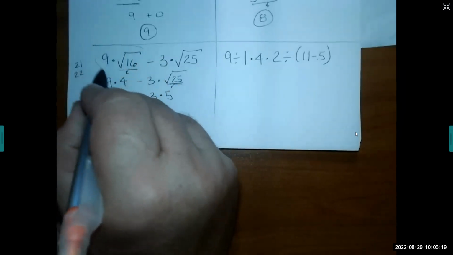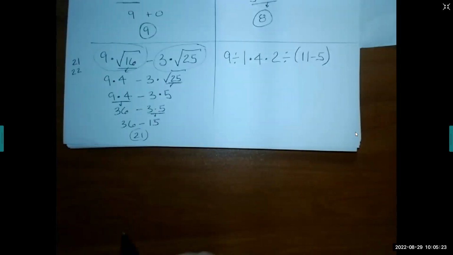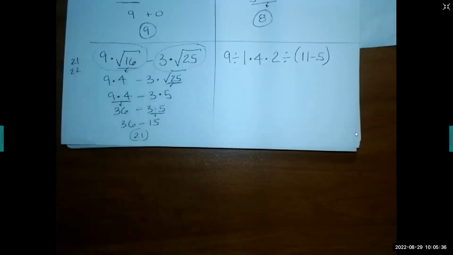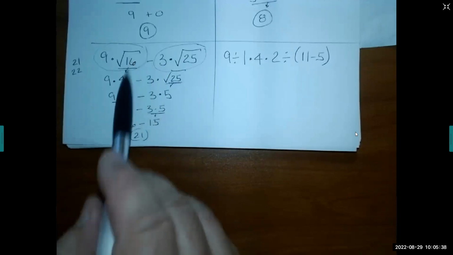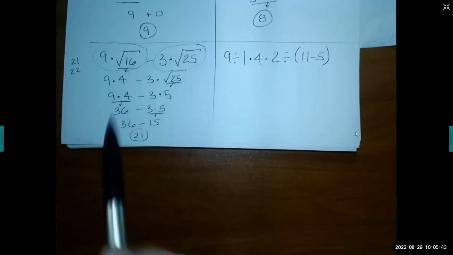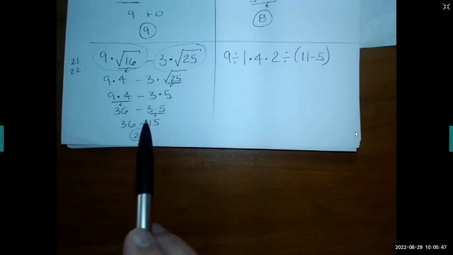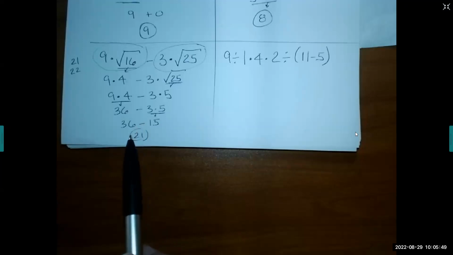This first number is a term here, and this number here is a term. A term is anything separated by a plus, minus, or equals. So why is that important? Since these are two separate independent terms, I could have done the square root at the first step, both of them. I could have treated them both separately. But I do it this way so I don't lose track of where I am, what I'm doing.